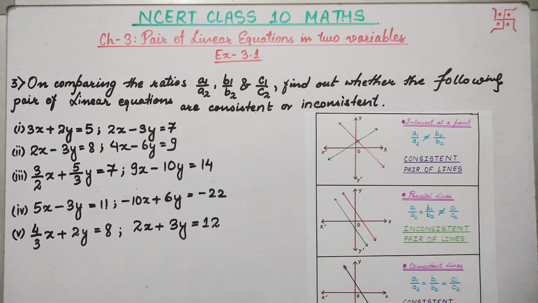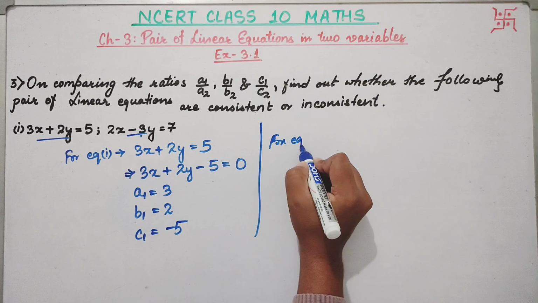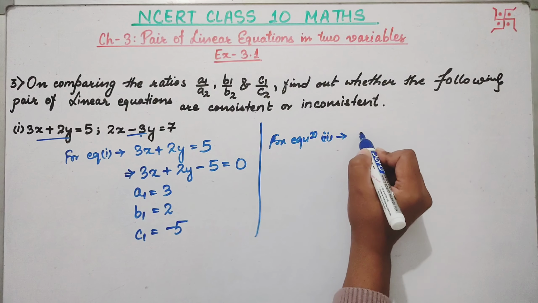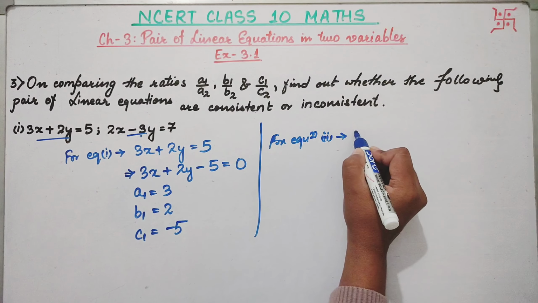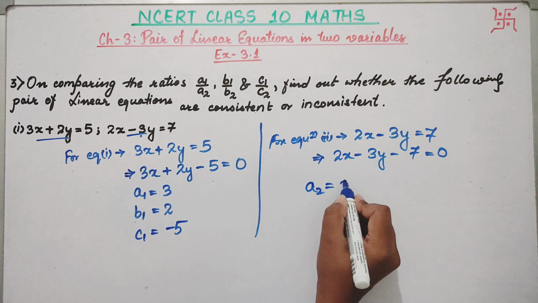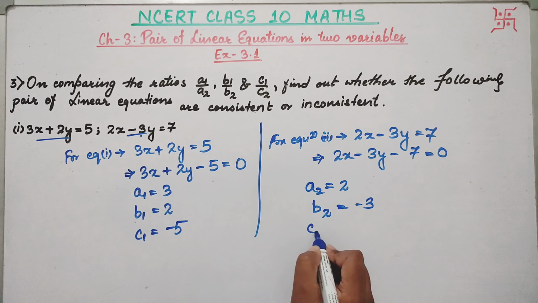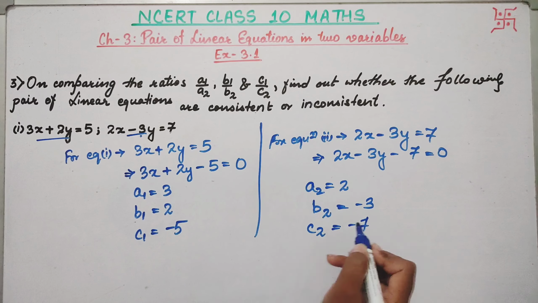Again, for equation 2, we have 2x minus 3y equals to 7. Again, let us rearrange this equation: 2x minus 3y minus 7 equals to 0. Here we have a2 equals to 2, b2 equals to minus 3 and c2 equals to minus 7.